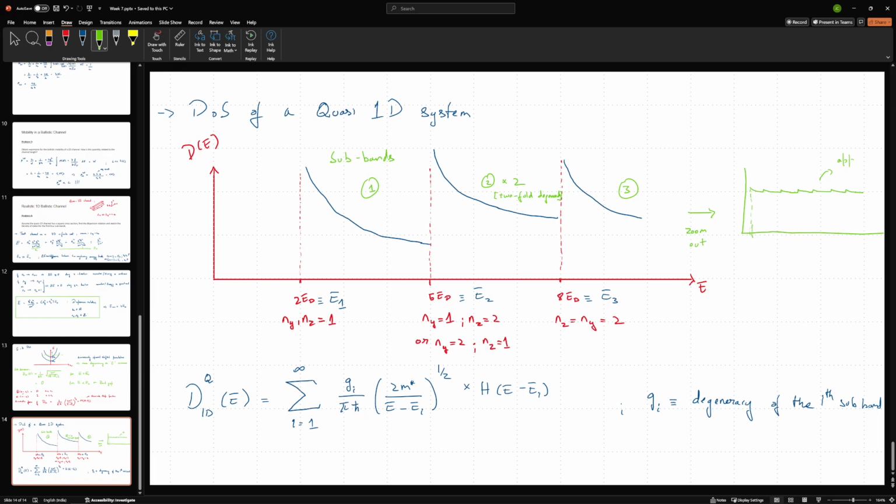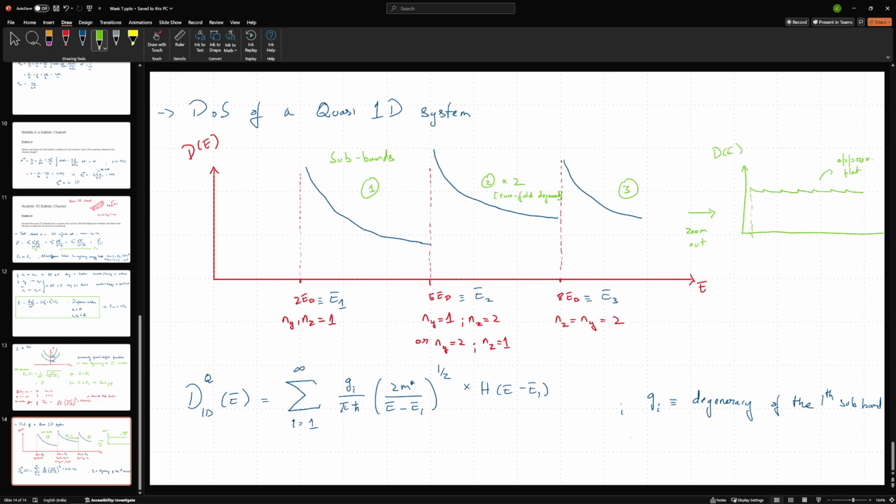So the density of states of a quasi material actually mimics the ideal density of states of the material of one dimension above it. So this is approximately flat.